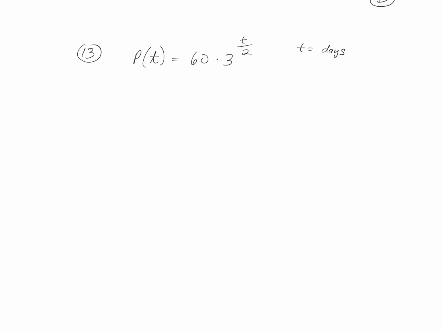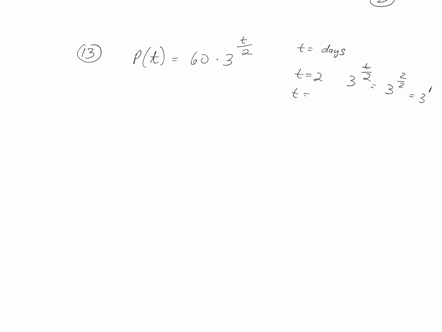Let's look at A. The predicted number of organisms in the dish triples every 2 days. If we make t equal to 2, then 3 to the t over 2 will equal 3 to the 2 over 2, which equals, sorry, 3 to the 1.